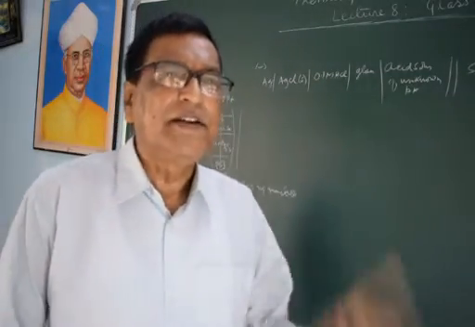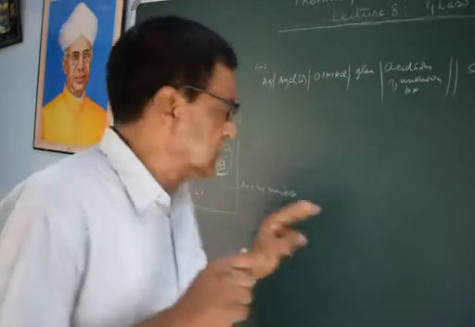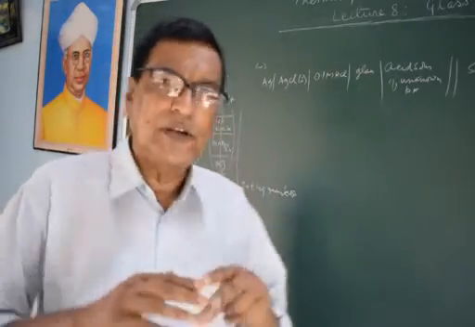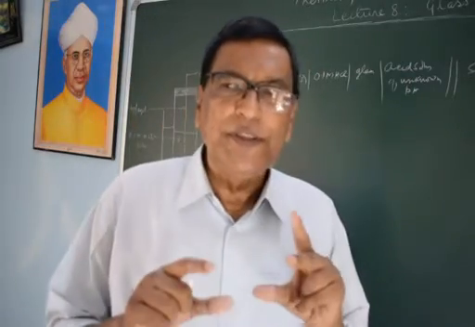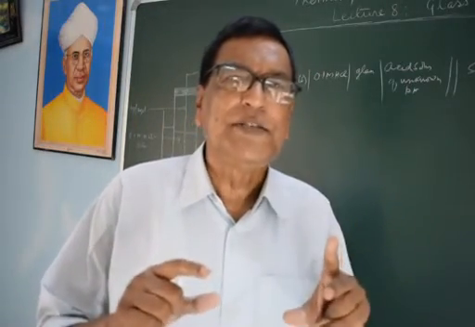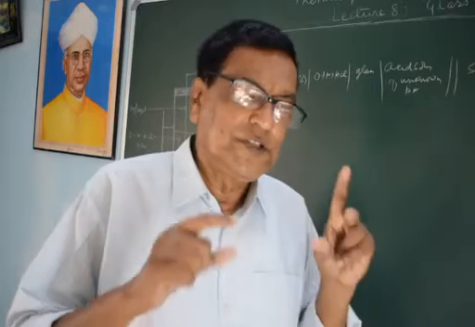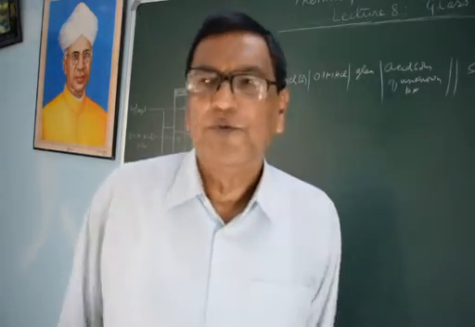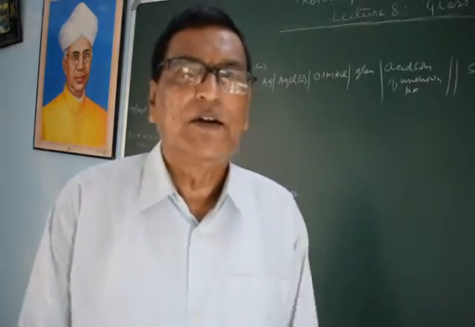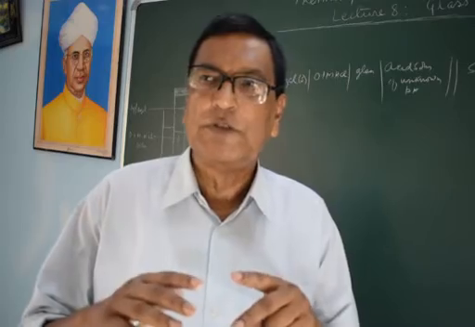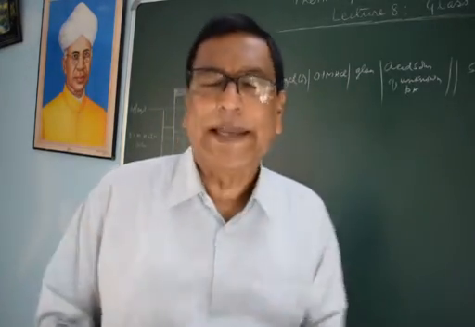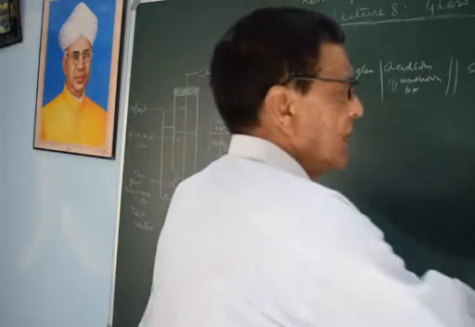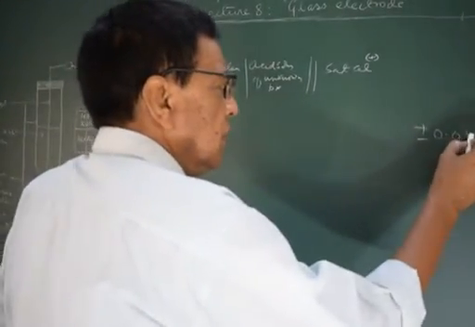And the second advantage, this glass electrode can be used to determine pH over the range 0 to 14 with a special glass, and with a very accurate value of plus minus 0.05.